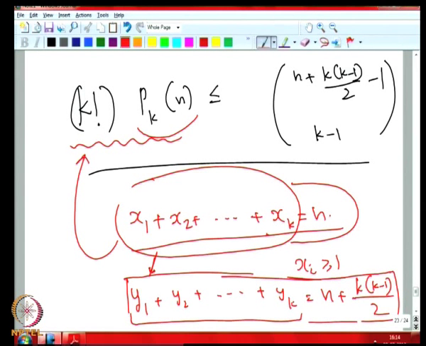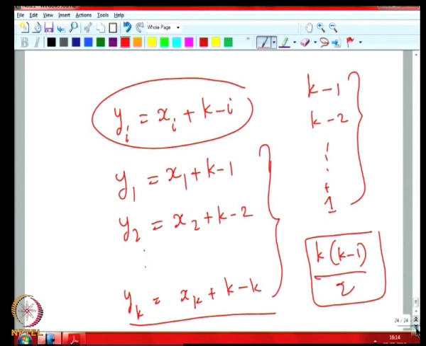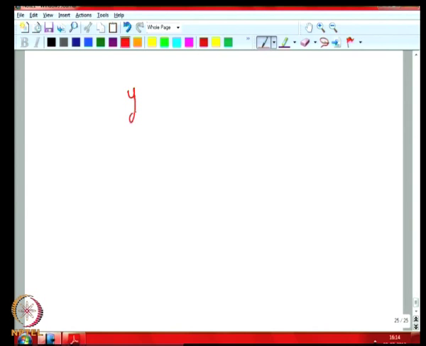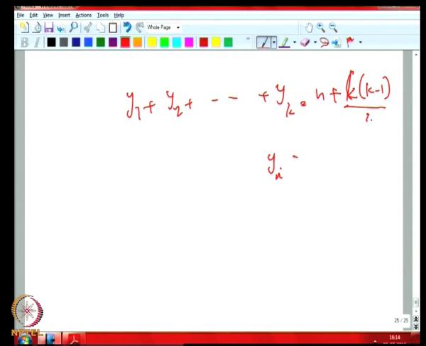That all corresponds to the solution for the equation y1 + y2 + ... + yk = n + k(k - 1)/2, where each yi has to be greater than or equal to 1.